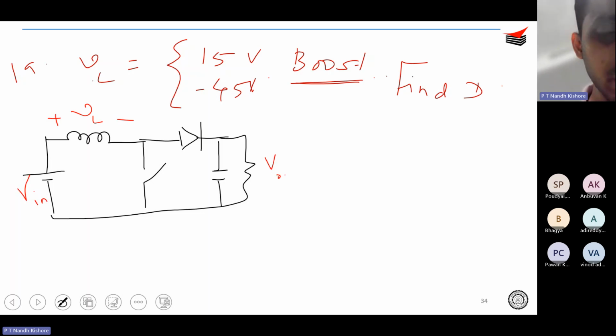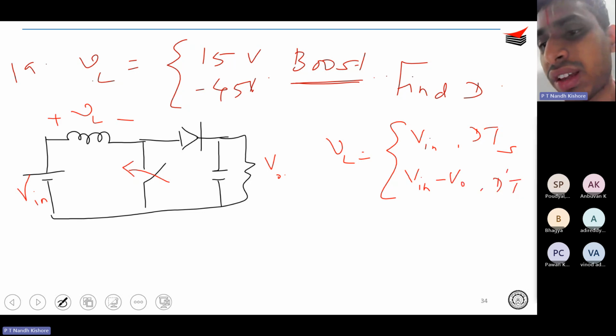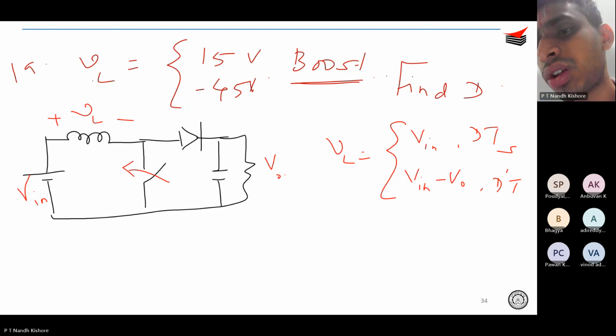When the switch is on, VL is going to be V in. This is during the D Ts period. And when the switch is off, the voltage across the inductor is going to be V in minus V naught. This is during the D dash Ts, or 1 minus D Ts, as you may call it.